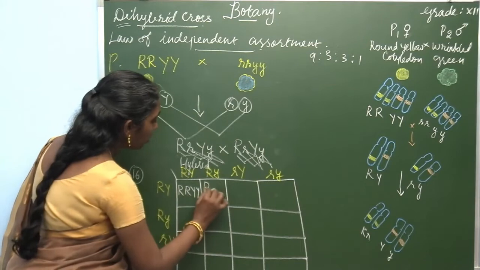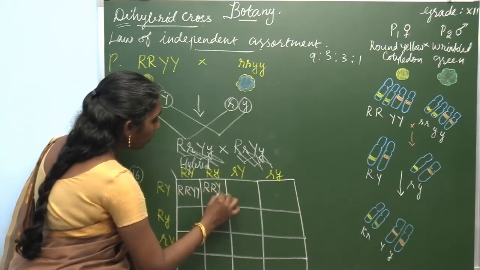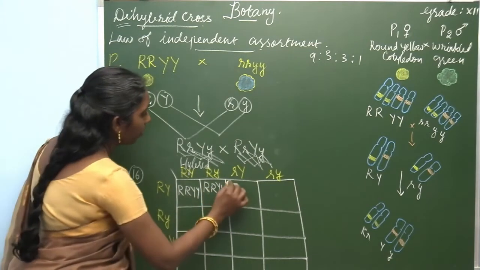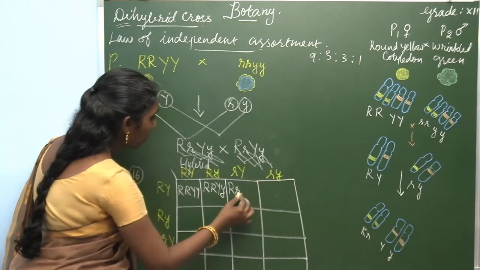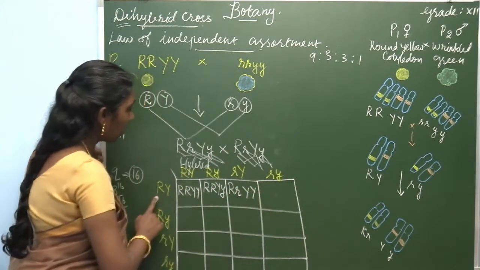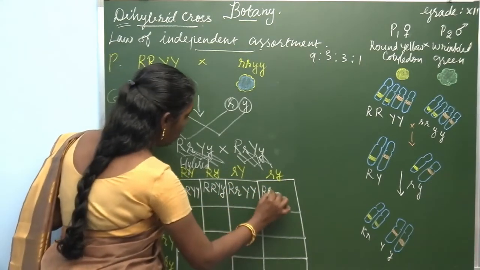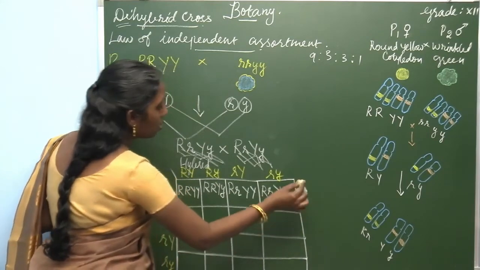Here capital R, capital R, capital Y, small y, capital R, small r, capital Y, capital Y, capital R, small r, capital Y, small y.